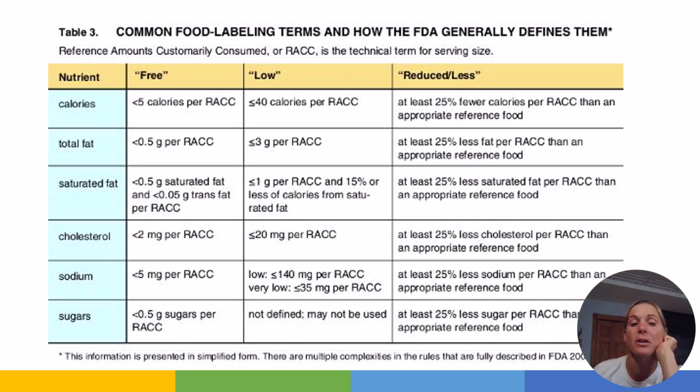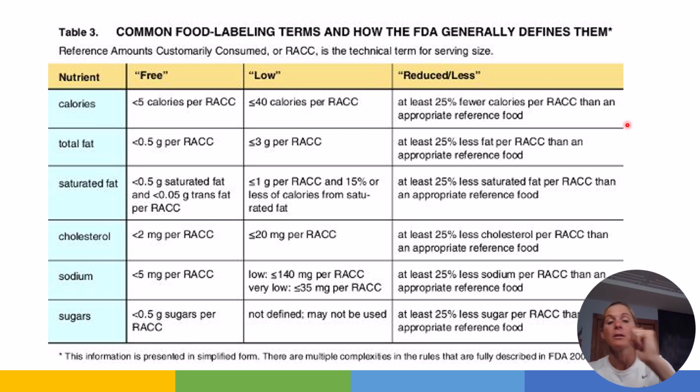Okay, so here are some other items that are predetermined by the FDA and how the FDA defines them. Calorie free, if something is listed as calorie free, it has less than 5 calories in it. If it's low calorie, it's got less than 40 calories. And if it's reduced calories, then it's 25% fewer calories than the normal item.